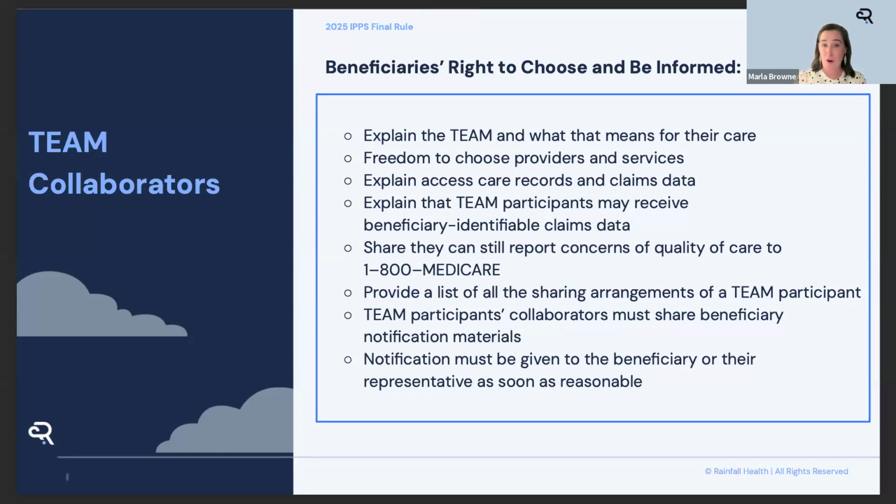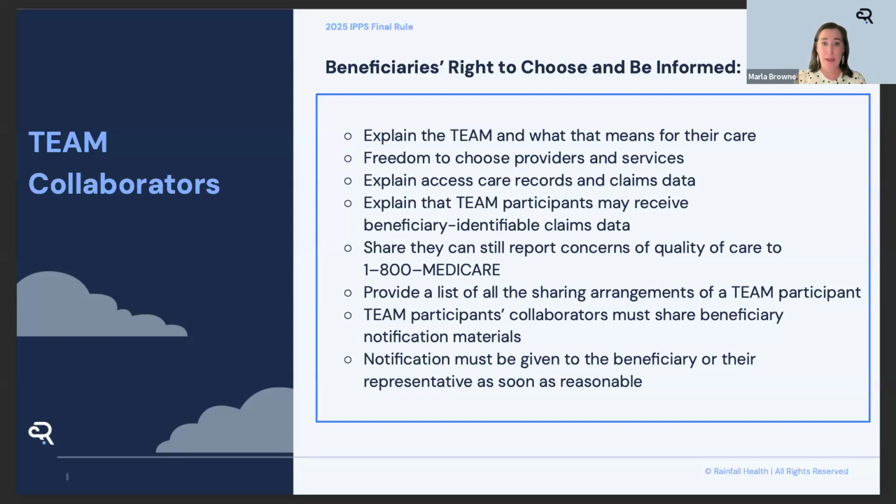As a matter of fact, there are specifics outlined in the final rule pertaining to patients' right to choose and be informed about TEAM. The final rule requires that appropriate beneficiary notification be given to the beneficiary or their representative by the anchor hospital and their collaborators. The notification needs to explain the model and how it will or will not impact that beneficiary's care.